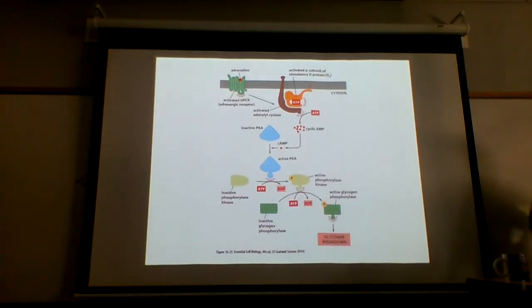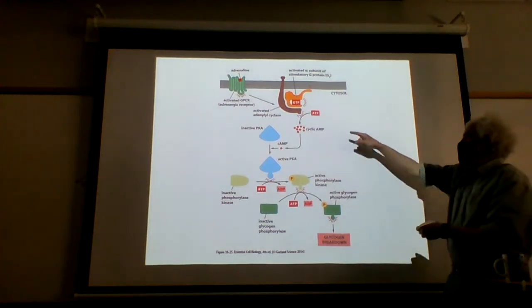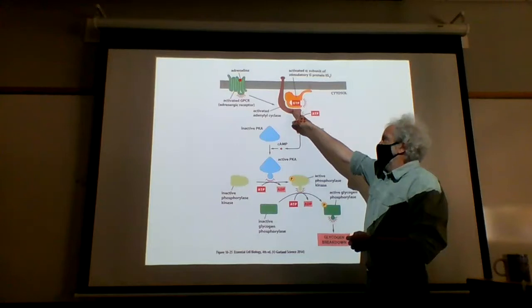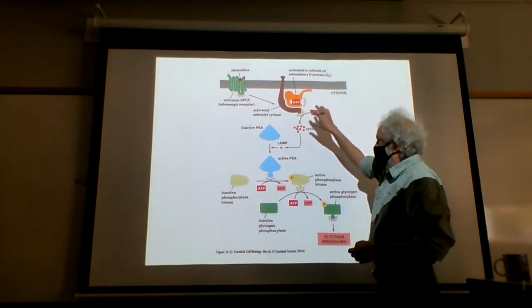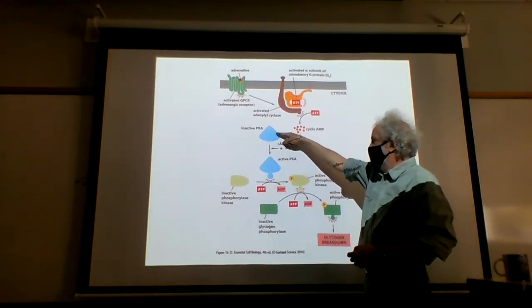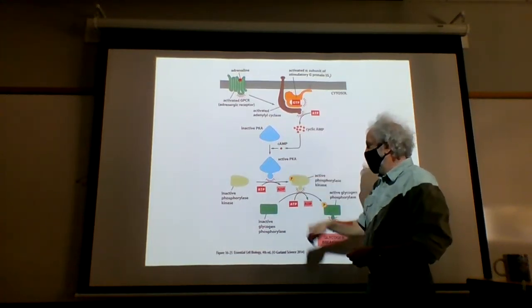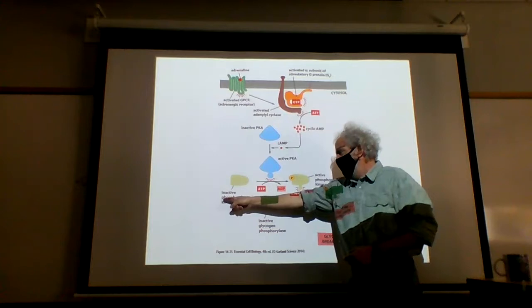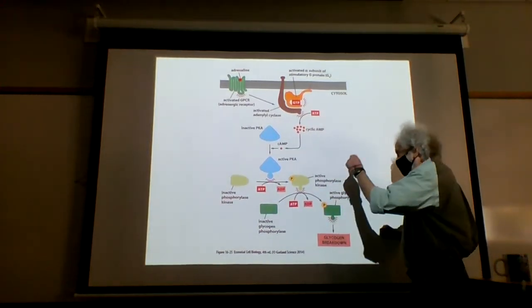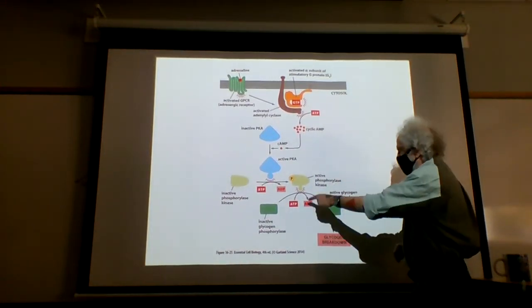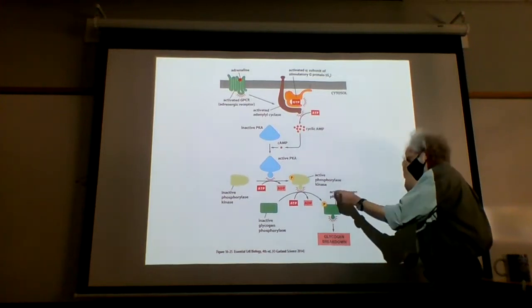Let's see. Yeah, all right, so this is the breakdown of glycogen that we talked a little bit about, in that we've got the adenylyl cyclase is the effector. It activates protein kinase A, which requires cyclic AMP. Active protein kinase A is phosphorylating phosphorylase kinase. Phosphorylase kinase is phosphorylating glycogen phosphorylase.